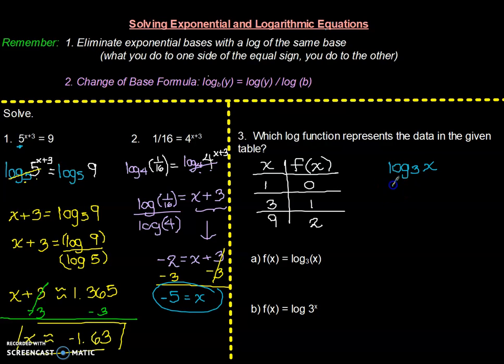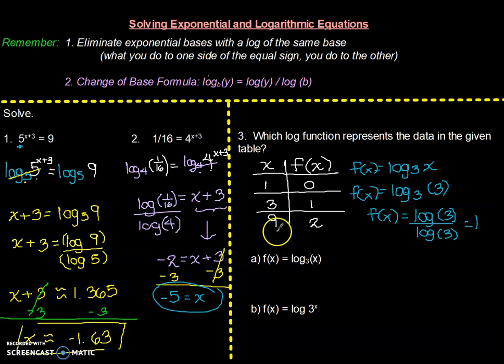So I already know that x is 3. When I calculate the answer, because that's what f of x equals in choice A, I should get 1 when I'm done. I'm going to use the change of base formula again. So I'm going to take log of 3 over log of 3, which does give me 1.